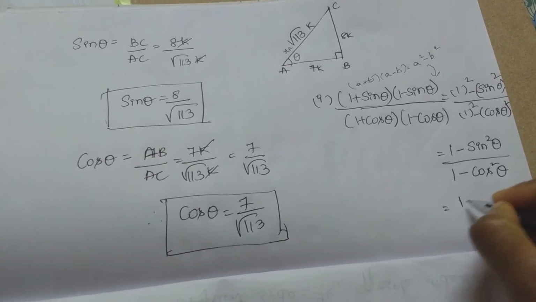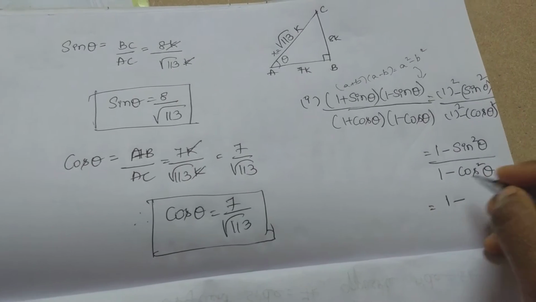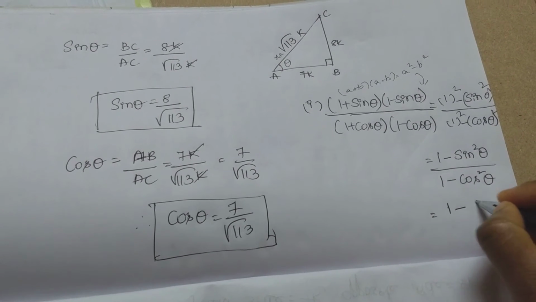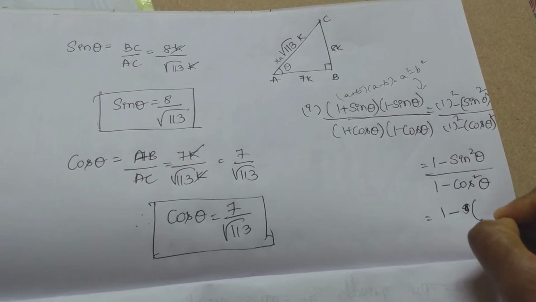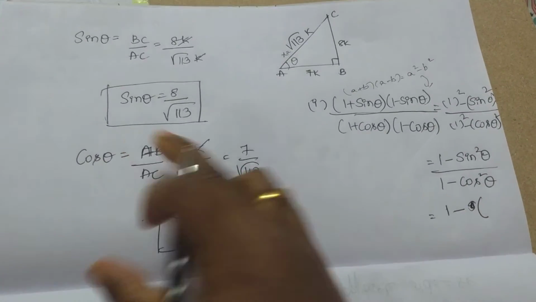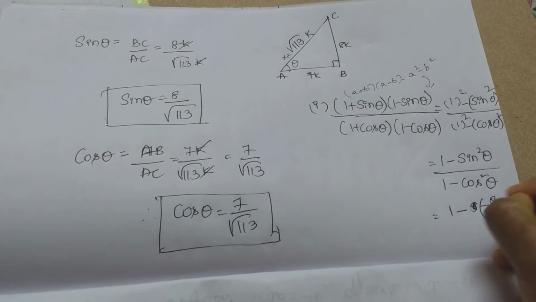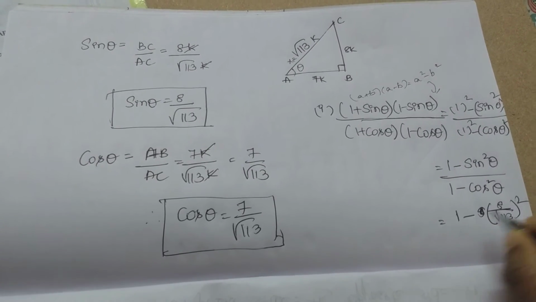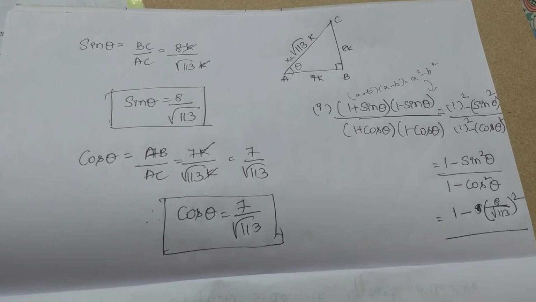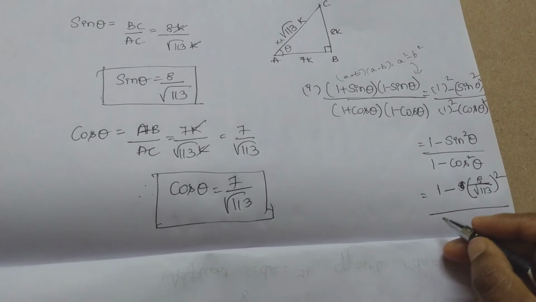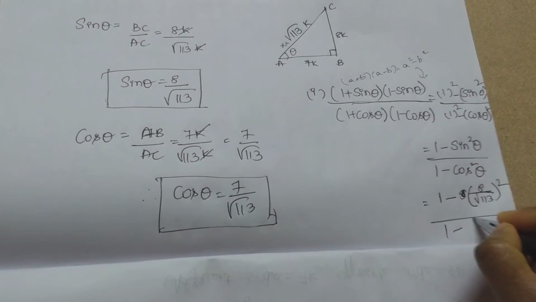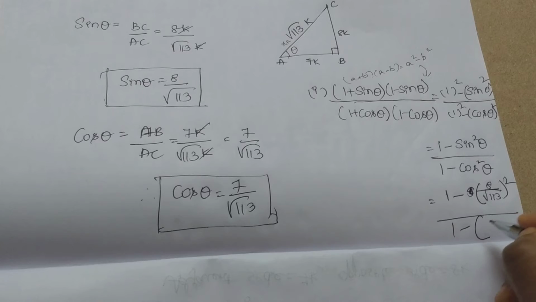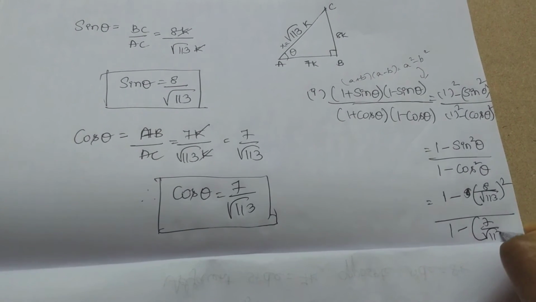In the place of sin theta and cos theta, let's apply here. So sin square theta means here, what is sin theta we got? It is 8 by root 113, whole square, divided by 1 minus, what is cos theta here? 7 by root 113 whole square.